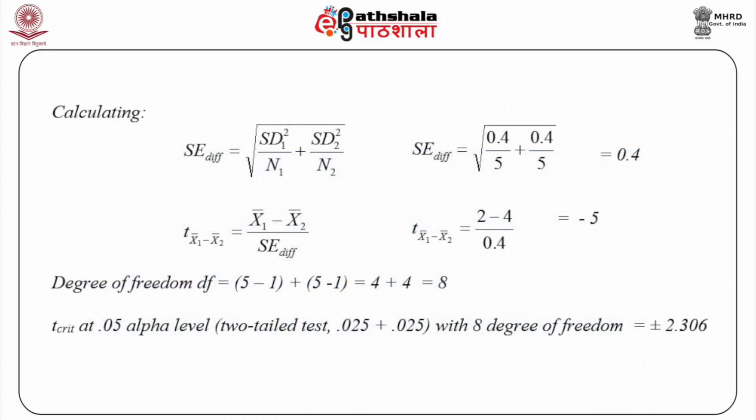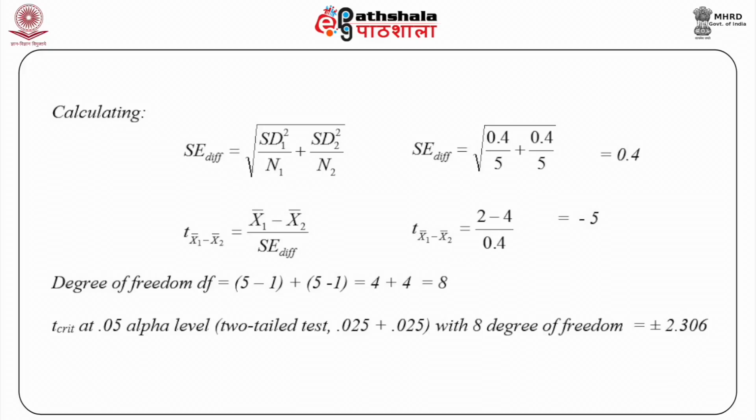The standard error of the groups was calculated, and the standard error of differences, using the relevant formula, was calculated to be 0.04. The t value was also calculated, where t is x bar 1 minus x bar 2, and after substituting the values from the table, it was found to be minus 5.